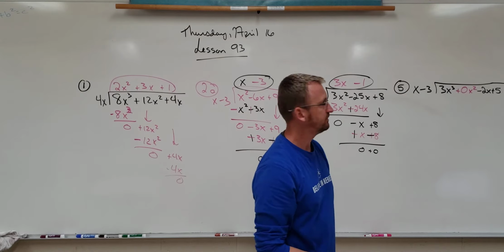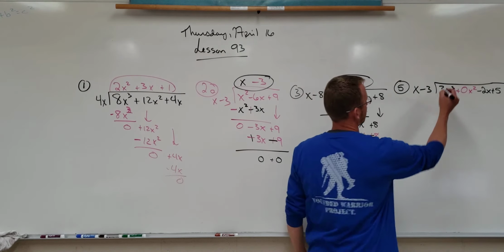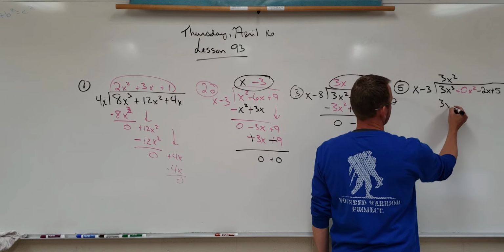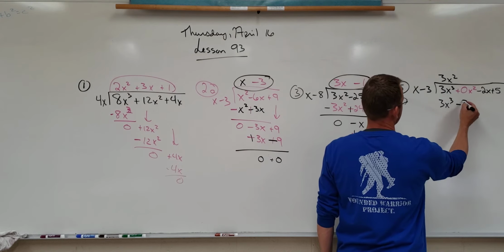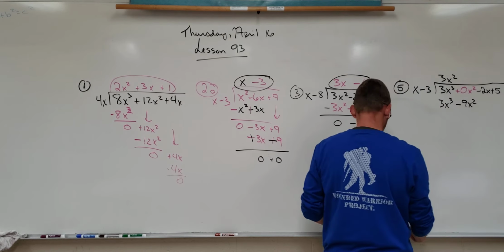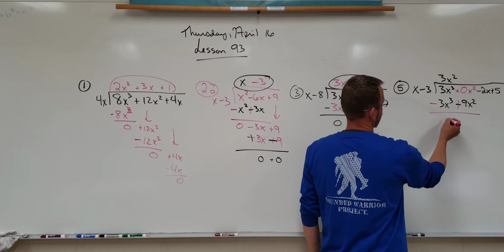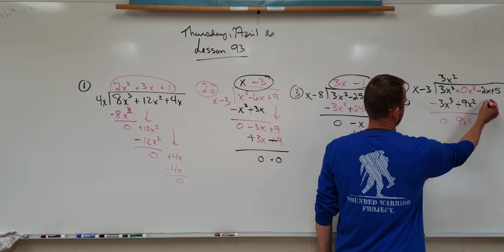Now we start solving. 3x cubed divided by x gives me 3x squared. So when we multiply, 3x squared times -3, -9. Subtracting changes the sign. 0, 0 plus 9, 9x squared.